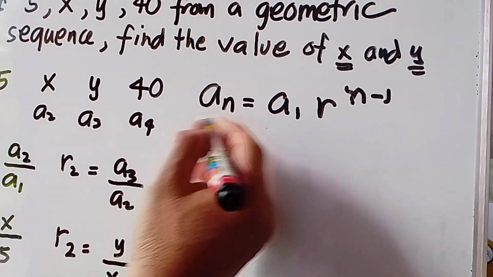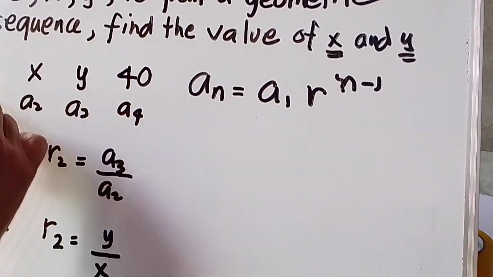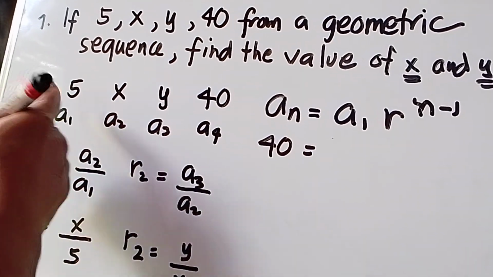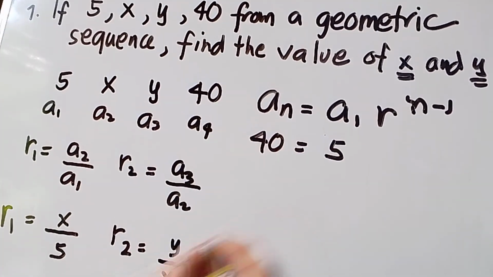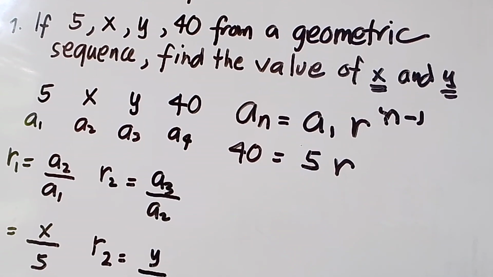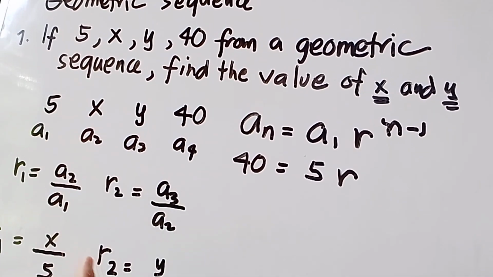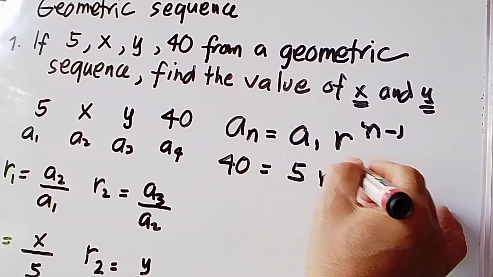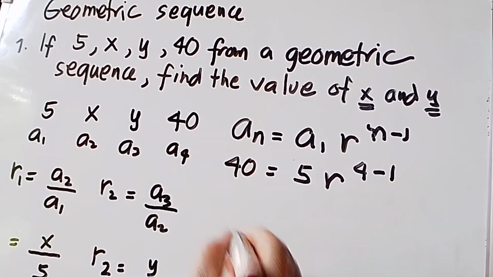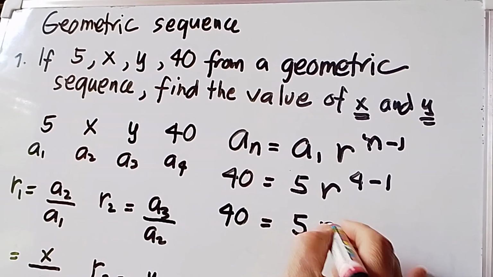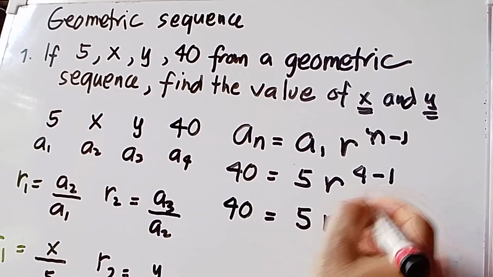What is our a sub n? A sub n is the last term of the given, which is 40. And then our first term is 5. And then r is unknown, but we have the number of terms. How many terms do we have? 1, 2, 3, 4. So this will be 4 and then minus 1. So 40 is equal to 5 r cubed, because 4 minus 1 is 3.